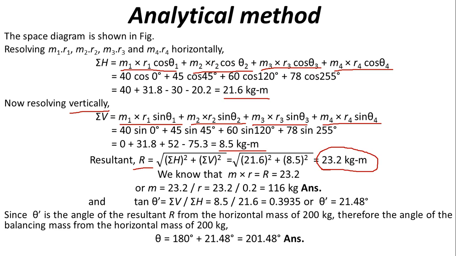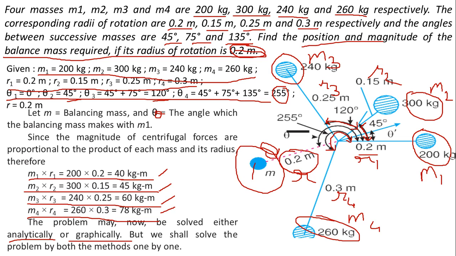Okay. And the unknown things can be calculated from this. You know that the resultant is nothing but m into r, because that is the centrifugal force which is the remaining resultant. So Fc is equal to m into r, that is the resultant. And the radius is given in the question, that is you have to find the mass at a radius of 0.2 meter.